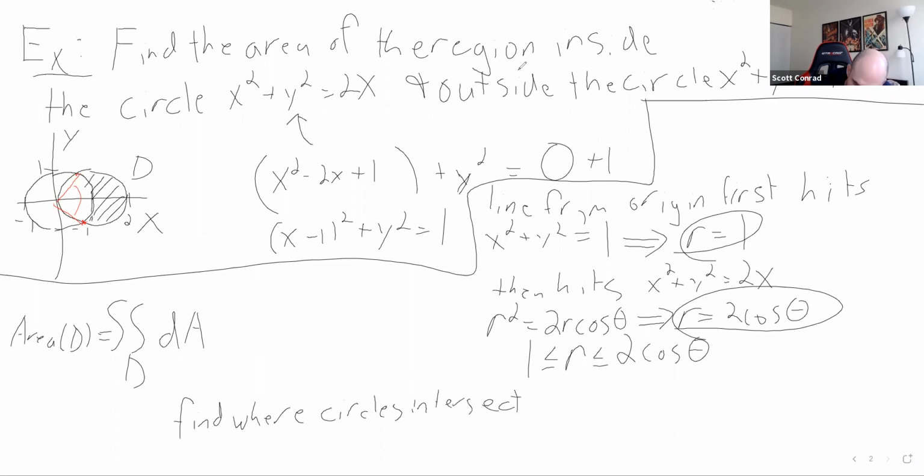So we're going to find where the circles intersect. We're going to switch to polar, and we're going to find the angles theta where that happens.